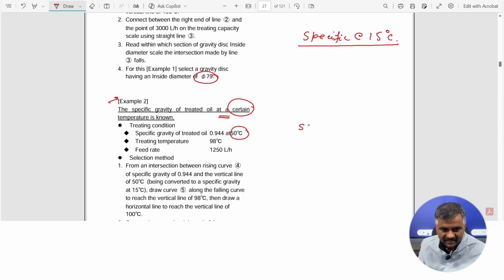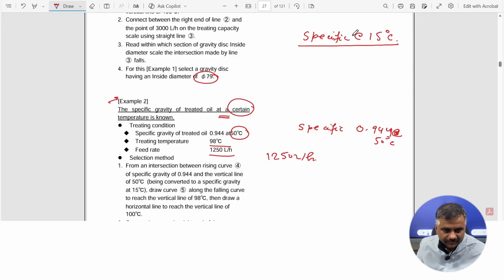In this second case the specific gravity is 0.944 at 50 degrees centigrade. Treating temperature is 98 degrees centigrade and the feed rate is 1250 liters per hour.